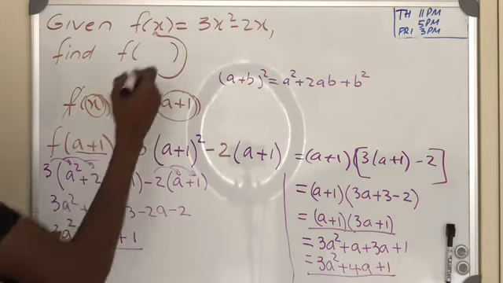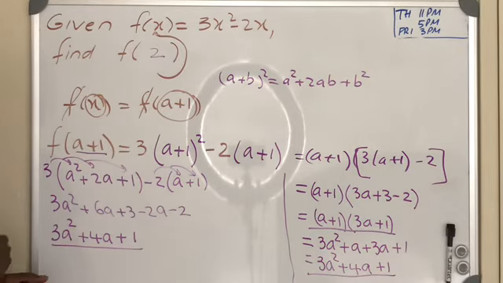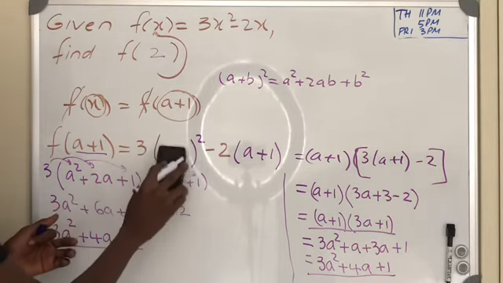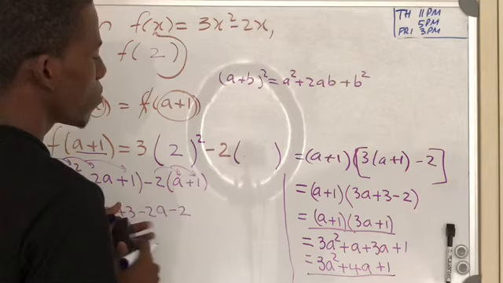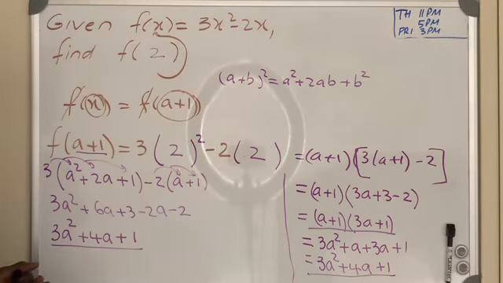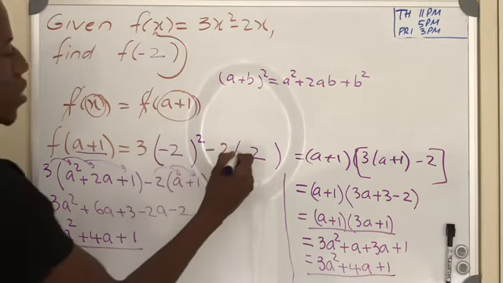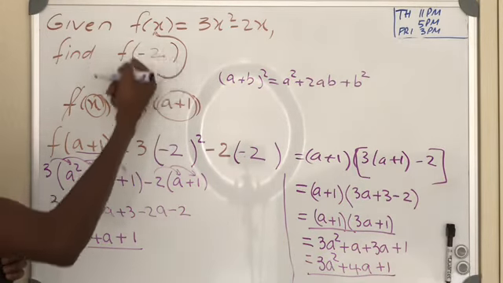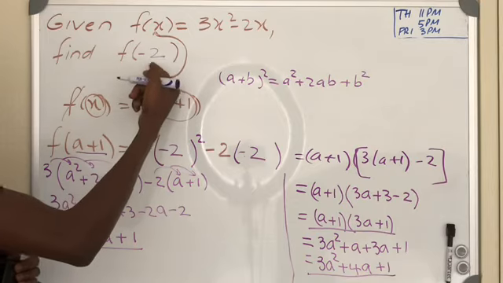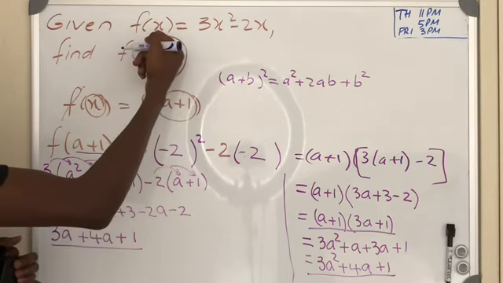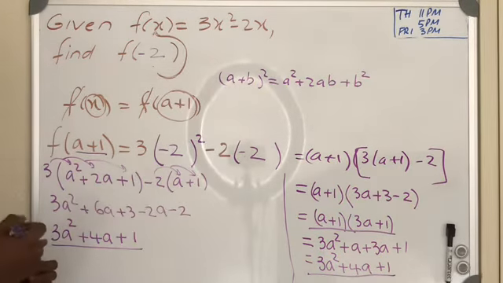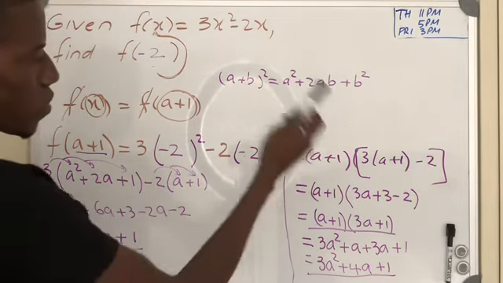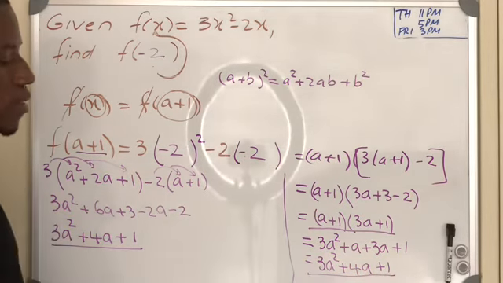If this was 2, for example, I would just substitute 2 everywhere. If they ask you for f of negative 2, whatever they ask you to put in here, you substitute it for your variable in your function. And you simplify by multiplying or factorizing, whichever is easier for you.